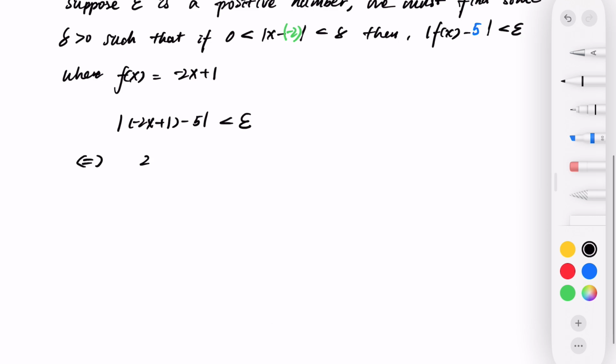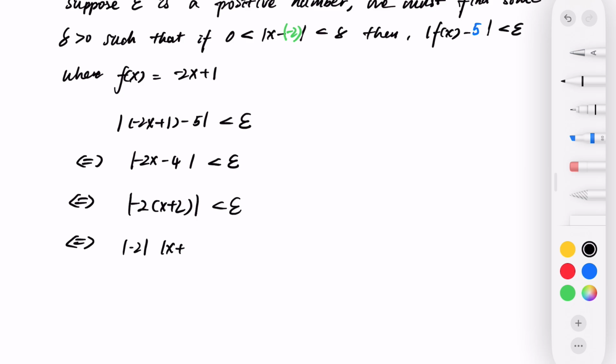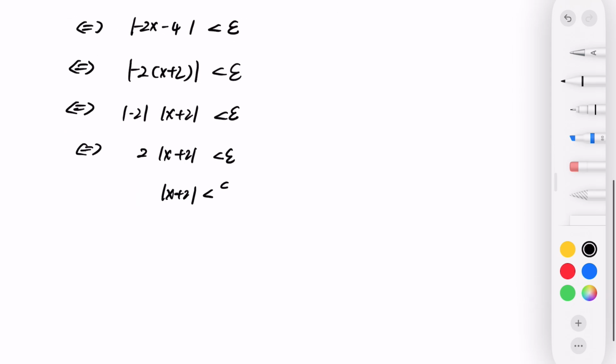This is equivalent to the absolute value of negative 2x minus 4 being less than epsilon, which is the same as the absolute value of negative 2 times the quantity x plus 2 being less than epsilon, which becomes 2 times the absolute value of x plus 2 being less than epsilon.